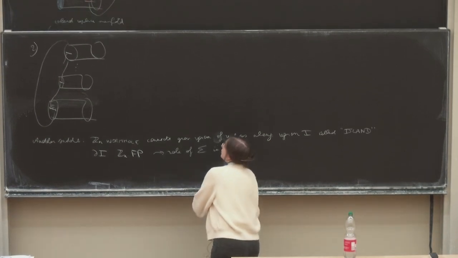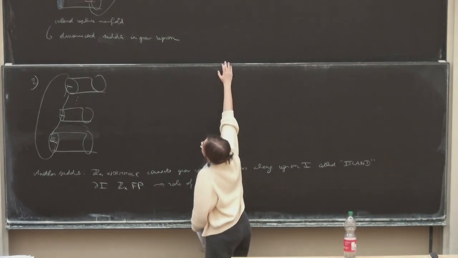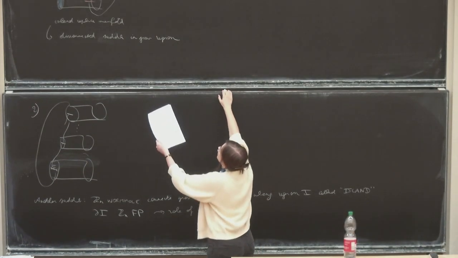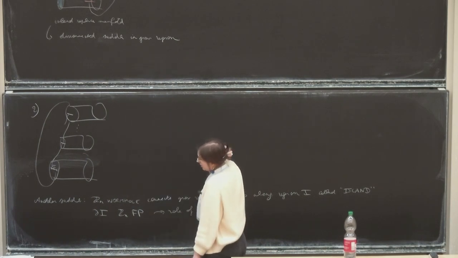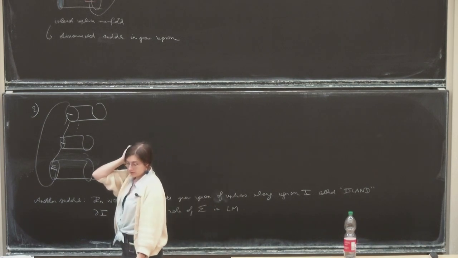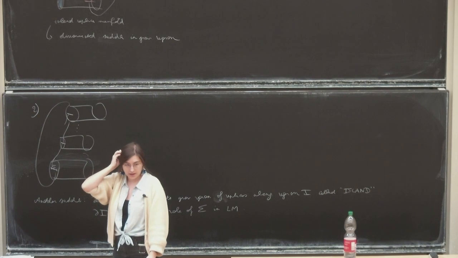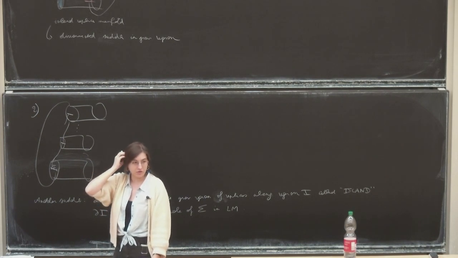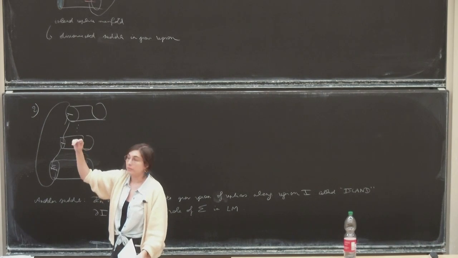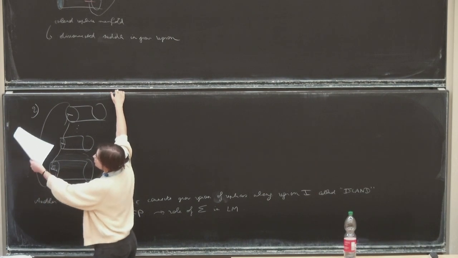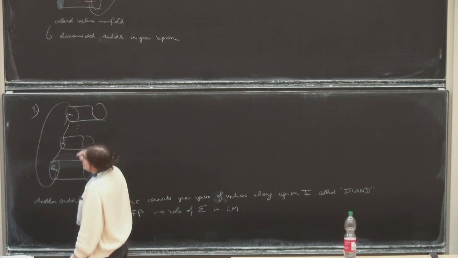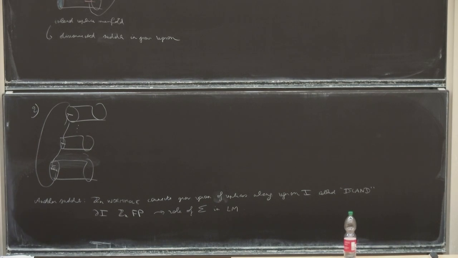So we have two island replica manifolds on the boards, one with a disconnected saddle in the gravitational region, one with a connected saddle in the gravitational region. Per definition, the gravitational region is dynamical and can decide by itself which one is dominating. And so the physics that tells us which one contributes to the entropy calculation is precisely this QES formula, the derivation of which we sketched.